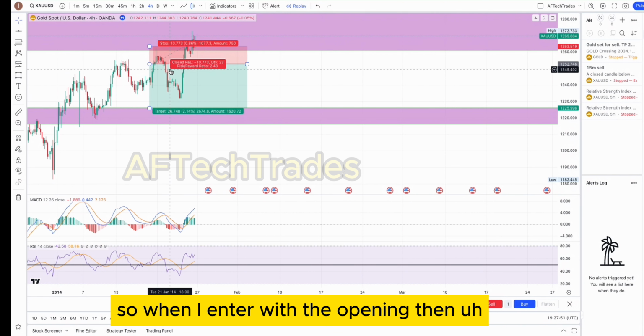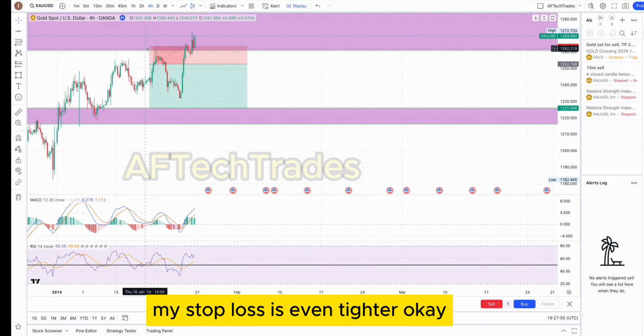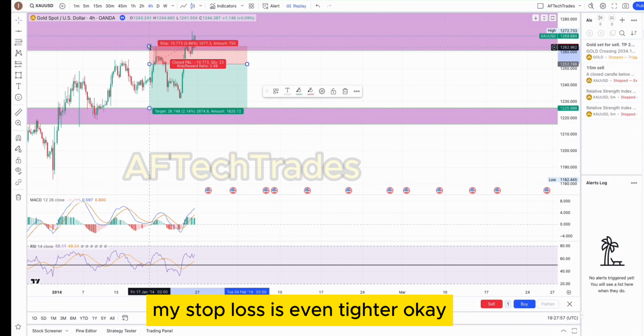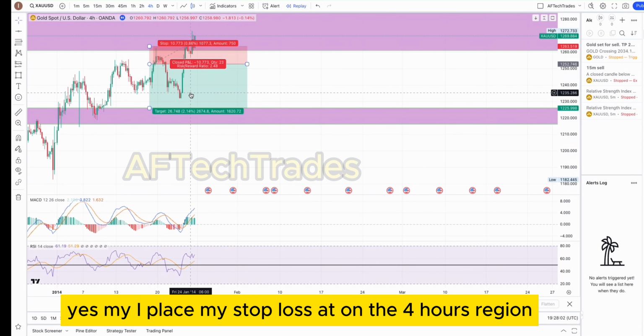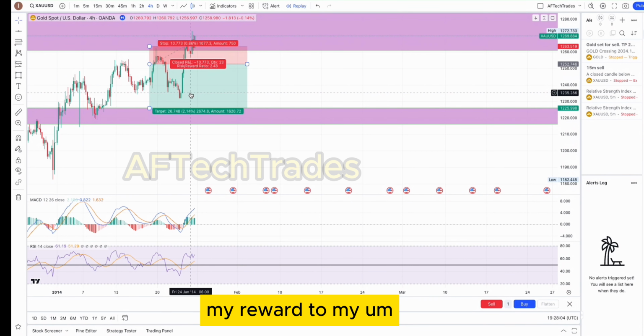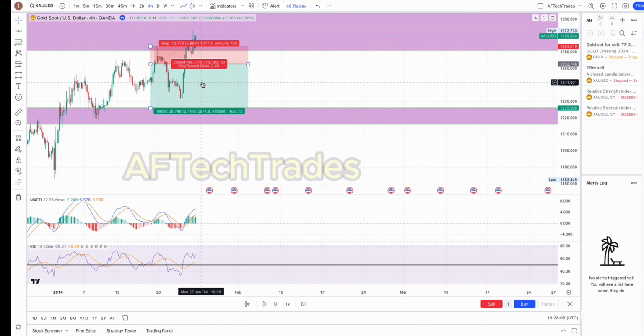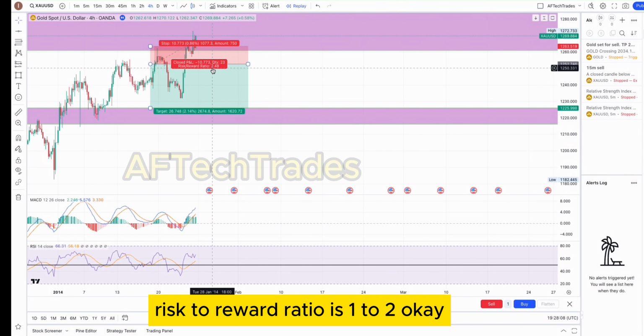When I enter with the opening, then I place my stop loss. My stop loss is even tighter. Yes, I place my stop loss on the 4 hours region. My risk to reward ratio is 1:2.